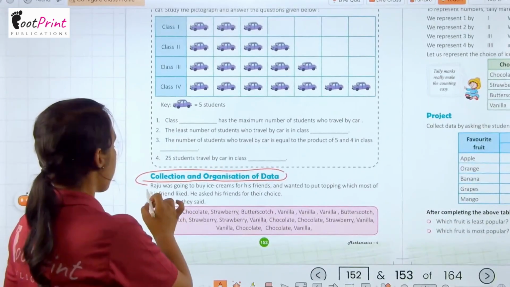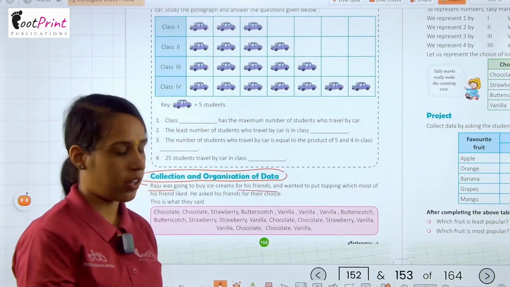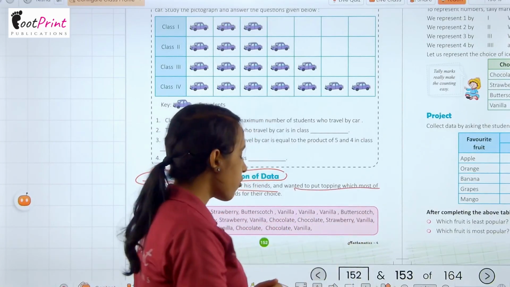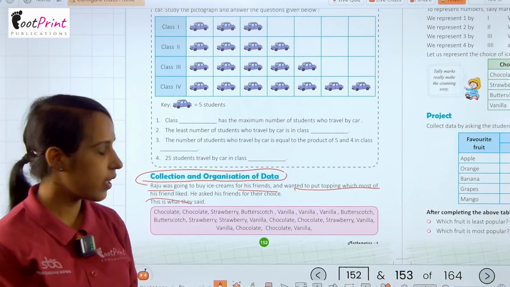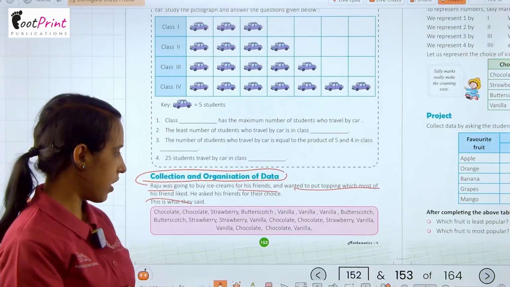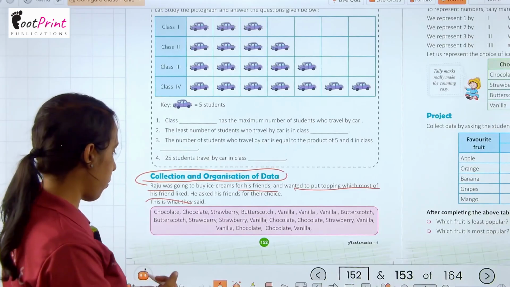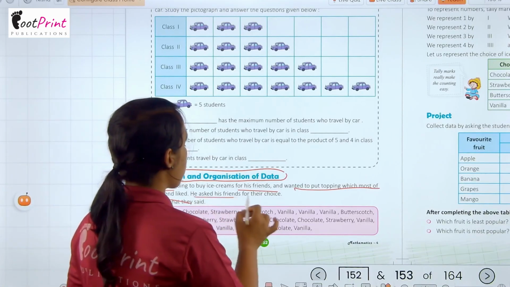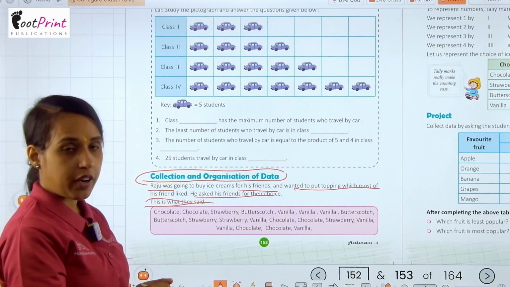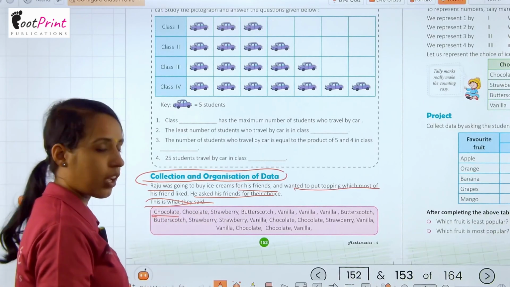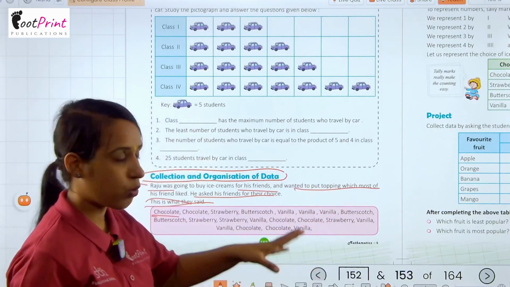Here, Raju was going to buy ice cream for his friends and wanted to put the topping which most of his friends liked. अब जो राजू है वो आइसक्रीम खरीदने के लिए गया, अपने फ्रेंड्स के लिए. सो उसके ऊपर जो टॉपिंग लगानी है वो किस फ्लेवर की लगानी है, वो अपने फ्रेंड्स से जाके पूछता है किसको क्या पसंद है. So he asked his friends for their choice. Then this is what they said. His friends said, I like chocolate, again chocolate, strawberry, butterscotch, vanilla, butterscotch and so on.